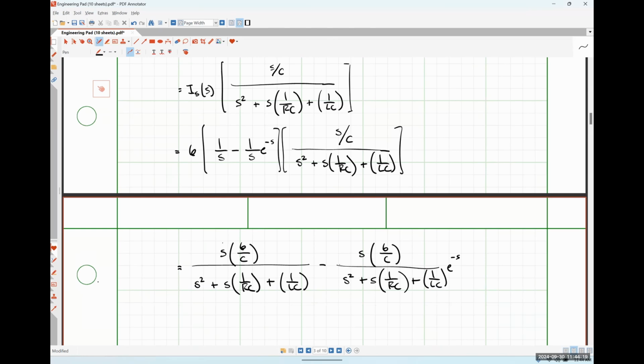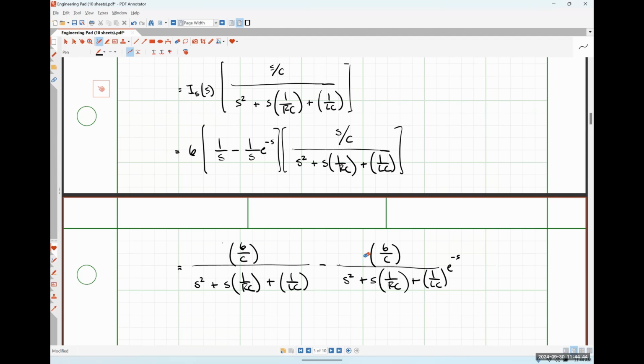So 1 over s times that s in the numerator should cancel each other out. What I was thinking about doing was making this an s cubed plus s squared plus s here, but I didn't do that part right either. So either way, I just screwed up the very basic math. So thank you for pointing that out. So that gets rid of that and that.